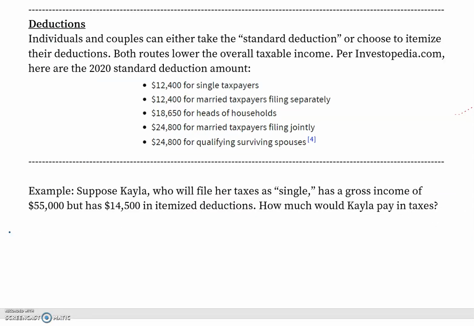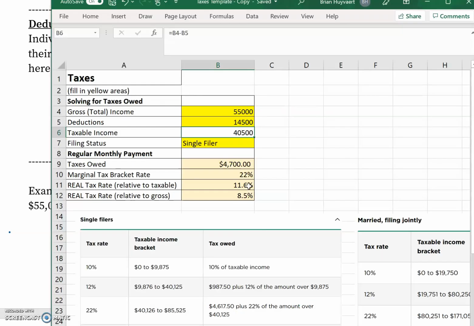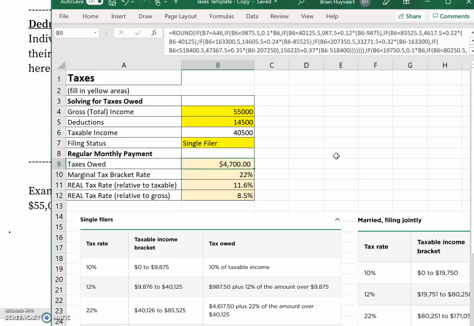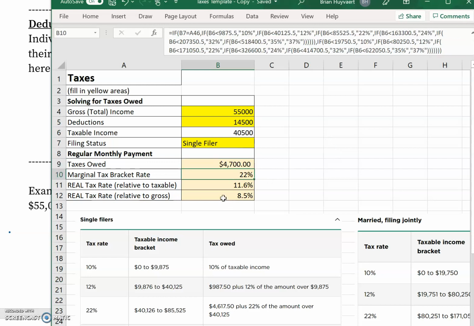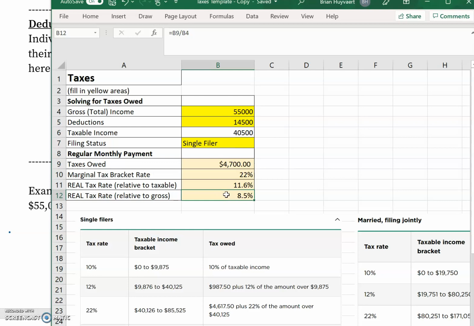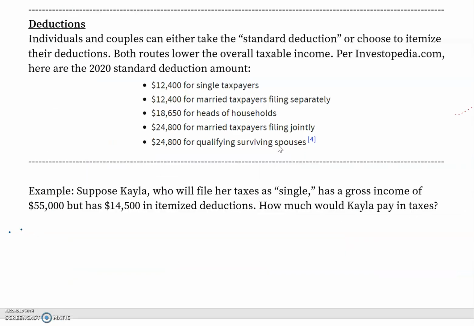And we want to know how much she's going to pay in taxes. Well, she's going to pay $4,700. Right, she's in the 22% bracket, but she only ends up paying about a third of that, 8.5% in reality, relative to the gross. So again, not too bad.